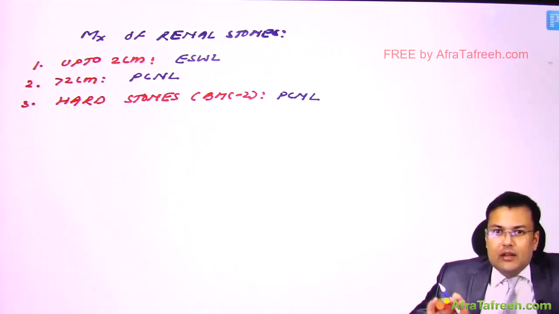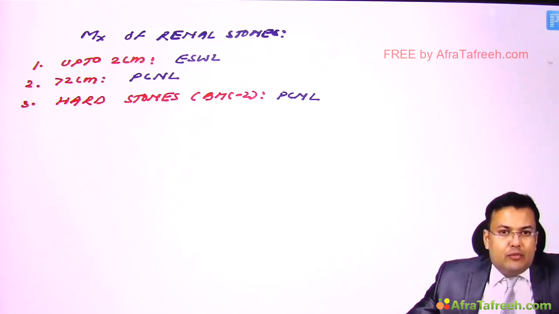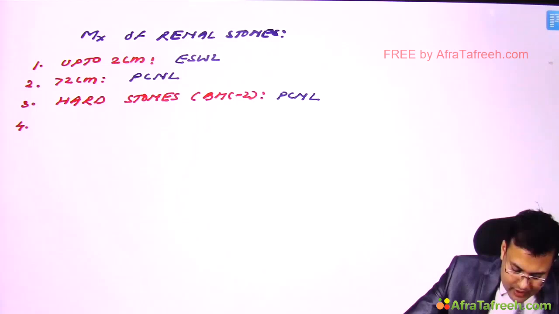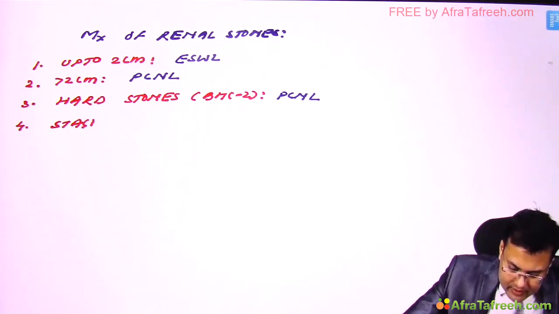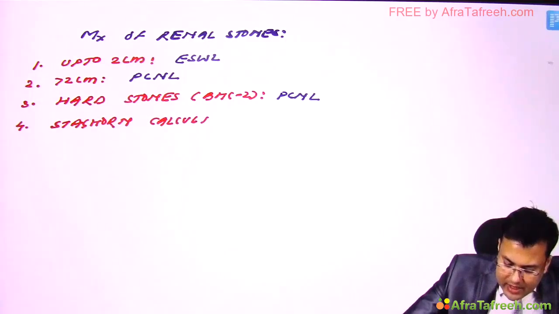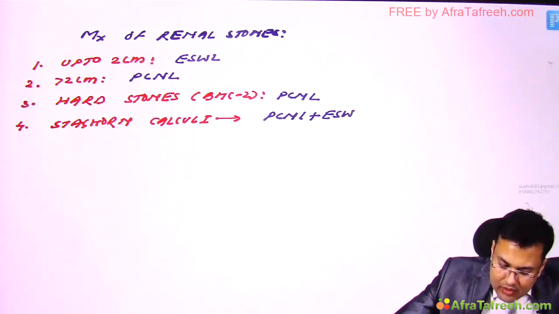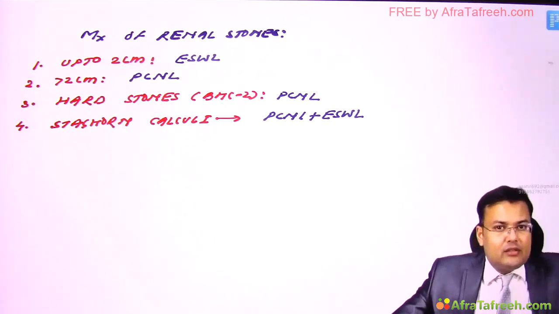But in that question, PCNL and ESWL combination was not there. PCNL, ESWL, URS were mentioned. So if you have to choose only one, you will choose PCNL over ESWL. So fourth, in staghorn calculi, we go for sandwich technique, and that is PCNL plus ESWL. So this is how we manage the renal stones.